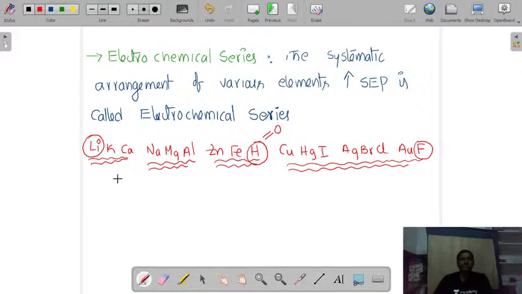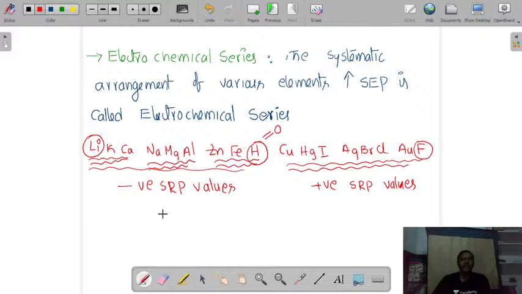So from top to bottom, SRP value gradually increases. Elements which lie above hydrogen exhibit negative SRP values, and those which lie below hydrogen exhibit positive SRP values. Above the hydrogen, most of the elements are metals.